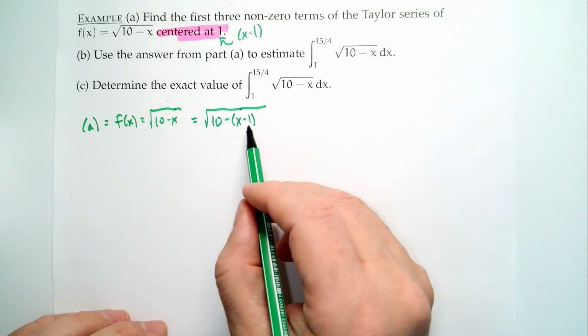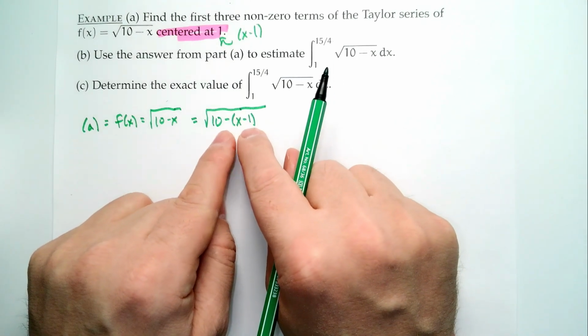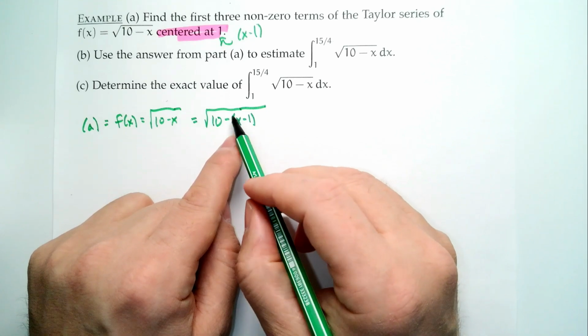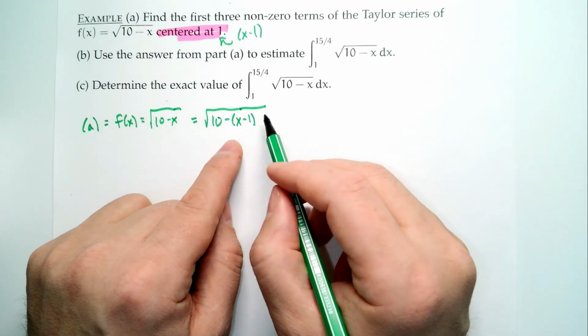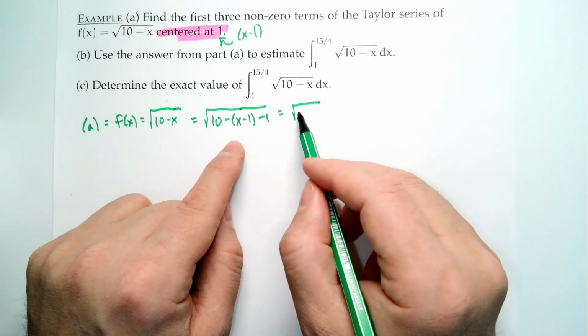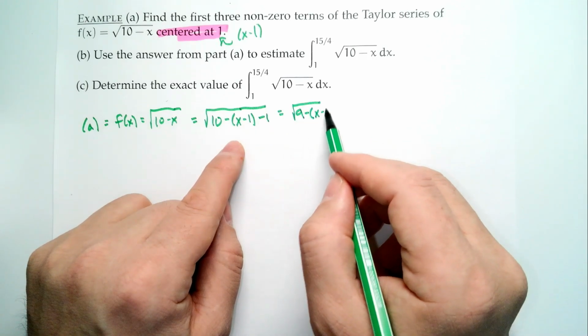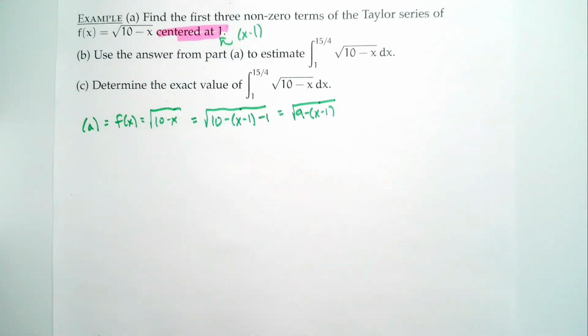Okay, I replace x by x minus 1. But now I got to be really extra careful here. So, what have I really done? See that minus x minus minus makes really a plus 1. So I'm going to subtract 1. Or I'm going to write this as the square root of 9 minus x minus 1. All right, good. We're making progress.